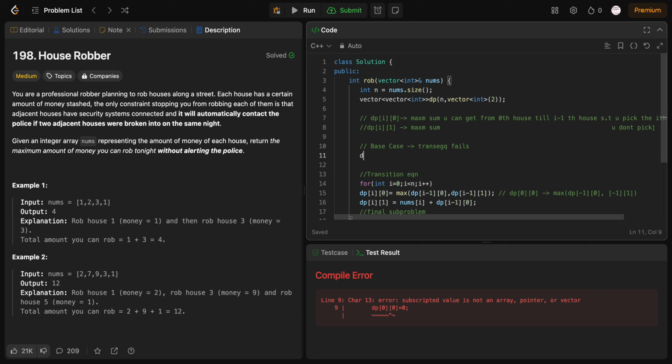One base case is dp of 0, 0 equals 0, and dp of 0, 1 would be nums of 0.